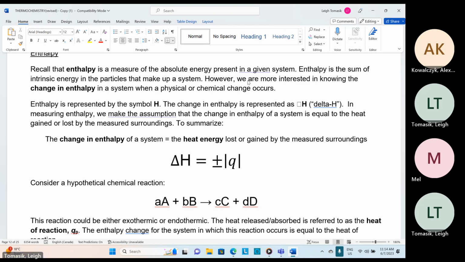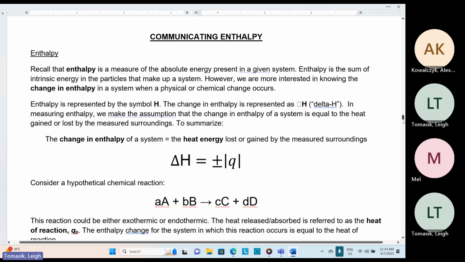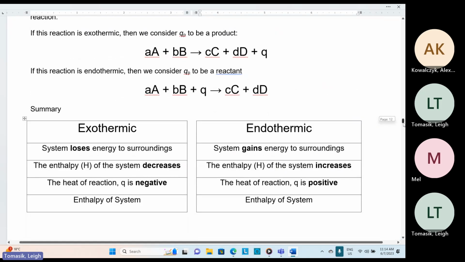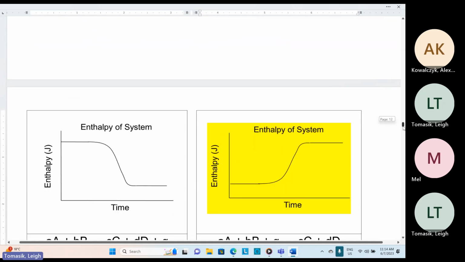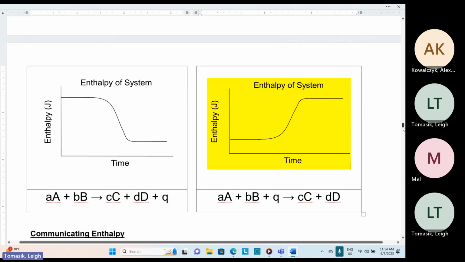So we have different ways of making communications about enthalpy, and some of them involve writing chemical equations, and some of them involve looking at graphs.